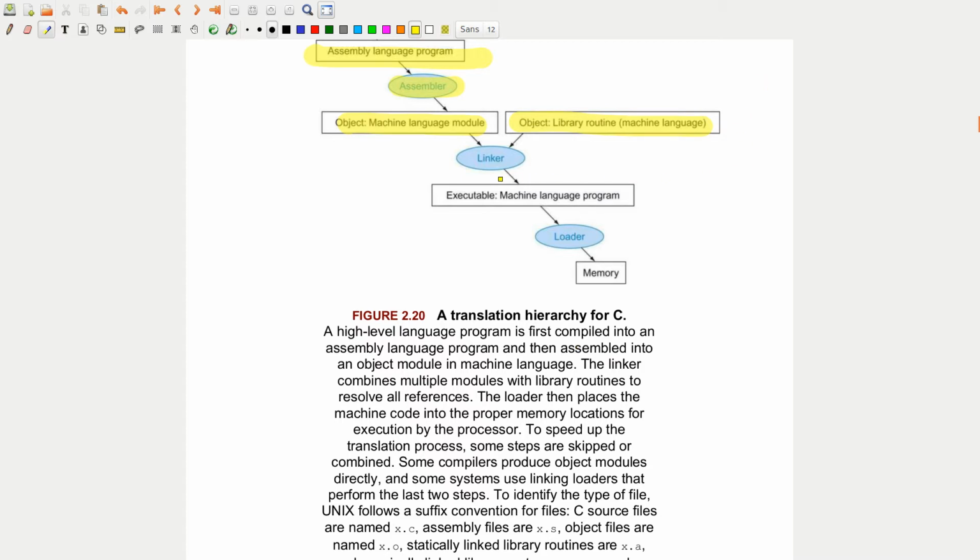The linker is going to take these two things and create an executable that's in machine language. Then the loader is going to take this executable and put it inside memory. And then once it's inside memory, that's how it can be executed.